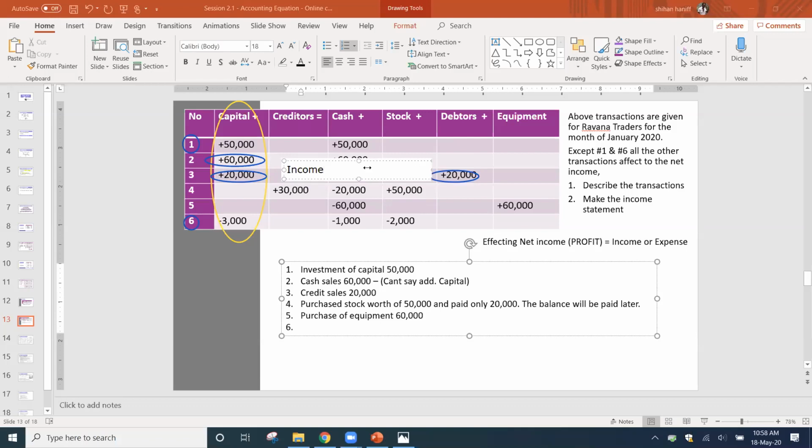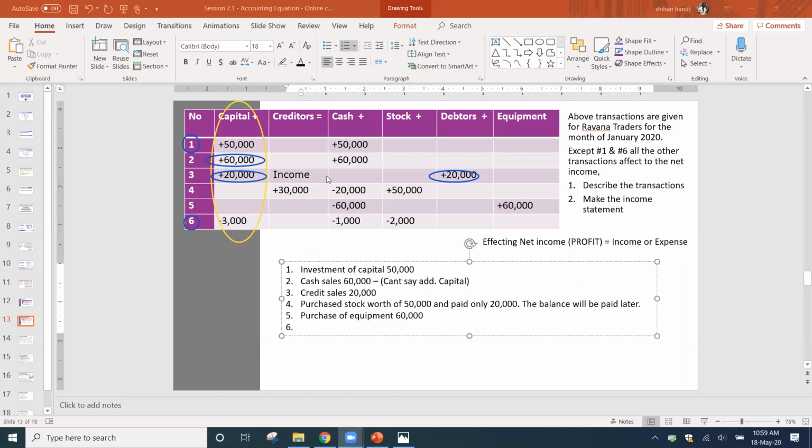Income which increases debtors, right? So here they have not given the stock value, but only given the sales value without the cost.